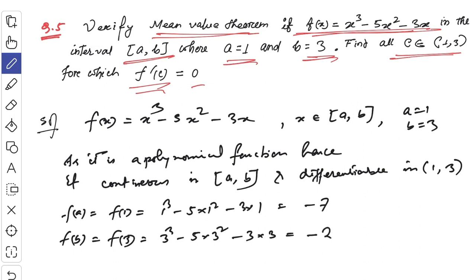That's going to be equal to minus 27. If you calculate this, you will get minus 27. Now here you see the third condition is also satisfied. F of a is not equal to f of b. So the mean value theorem is applicable.